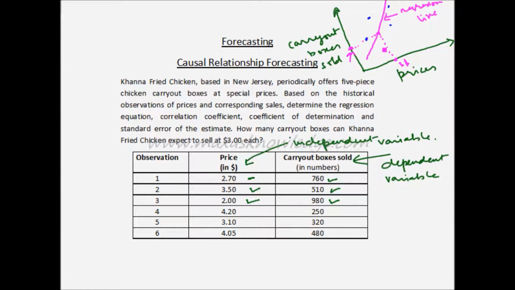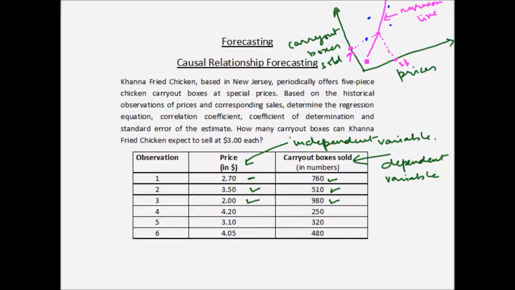Also, we can determine whether the choice of price is a good one for arriving at the forecast by using the correlation coefficient, the coefficient of determination, and the standard error of the estimate.